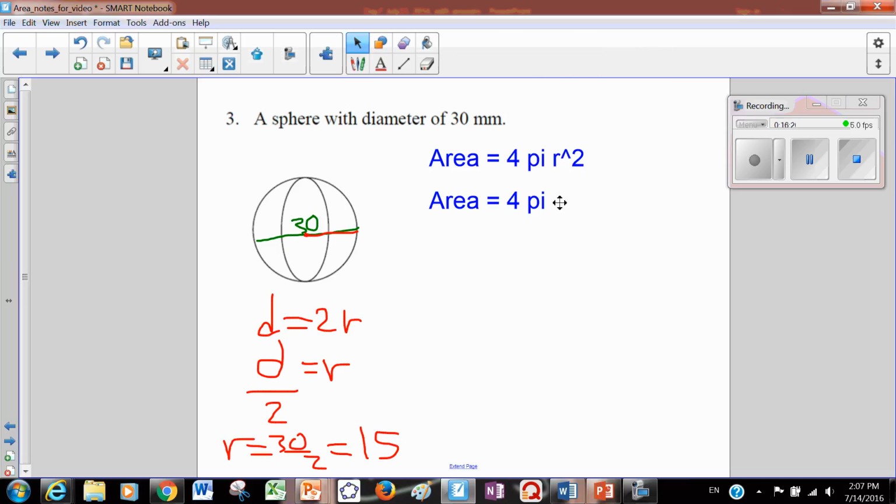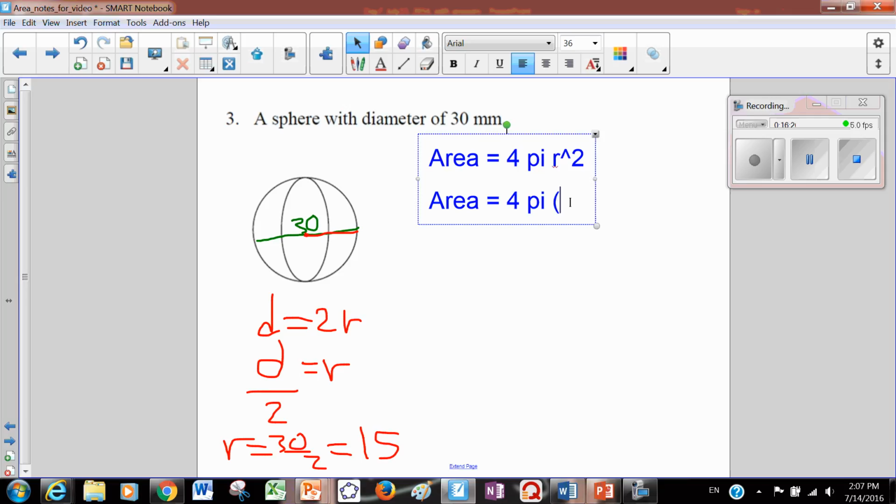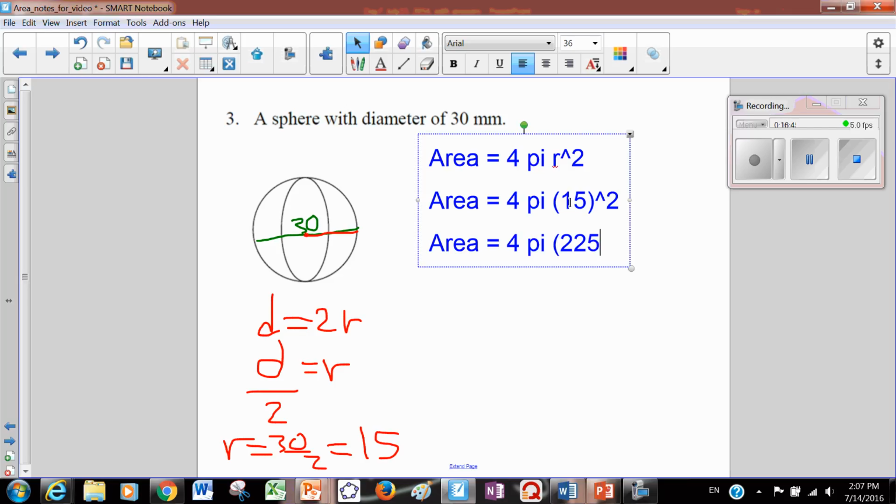So if we come back to our formula, 4 pi times 15 exponent 2, we can do 15 exponent 2, 15 times 15, that's 225. So we have 4 times pi times 225.